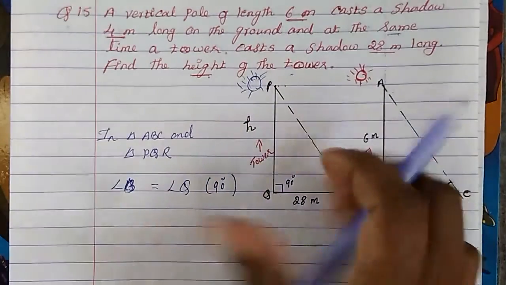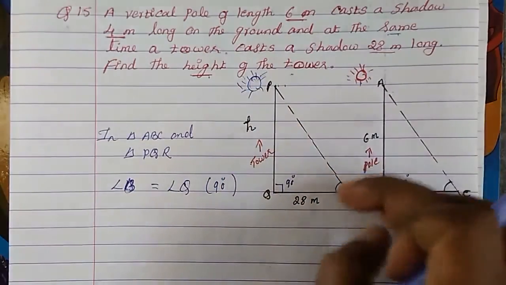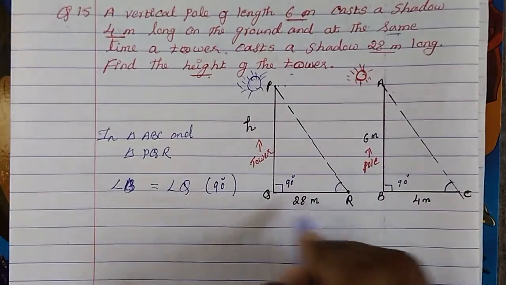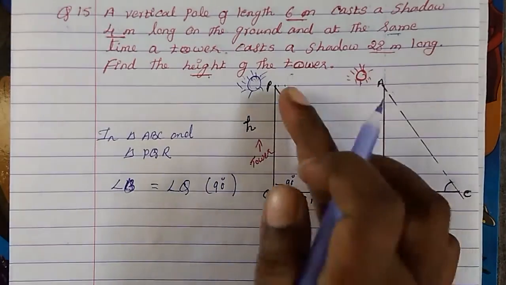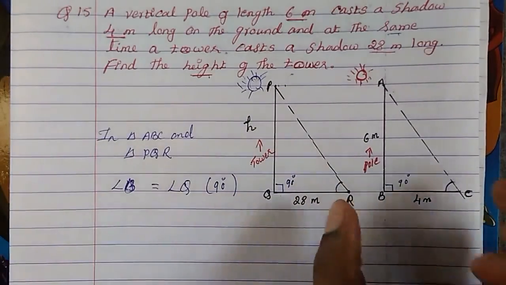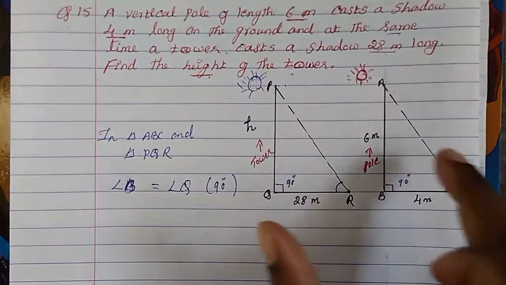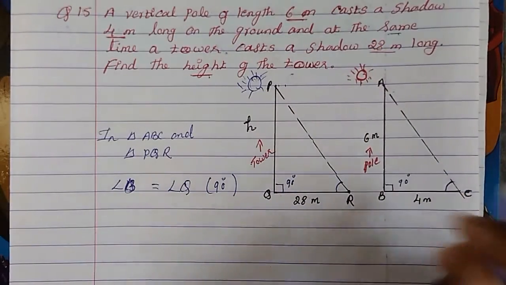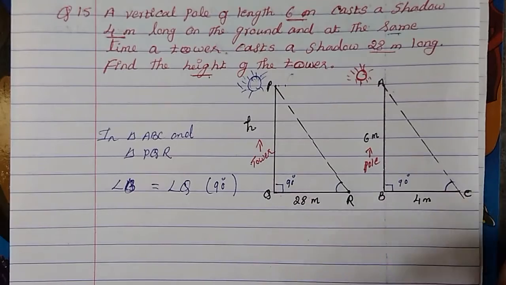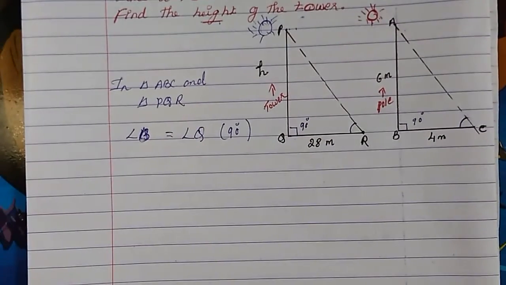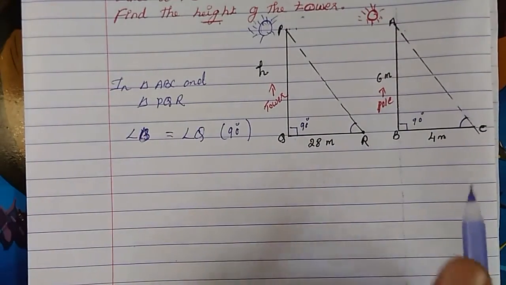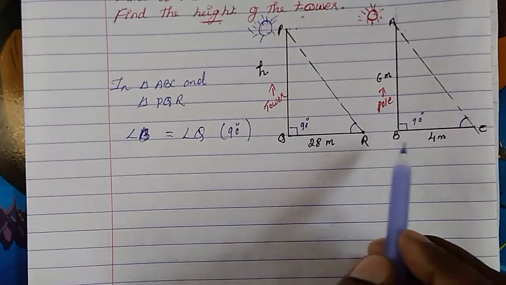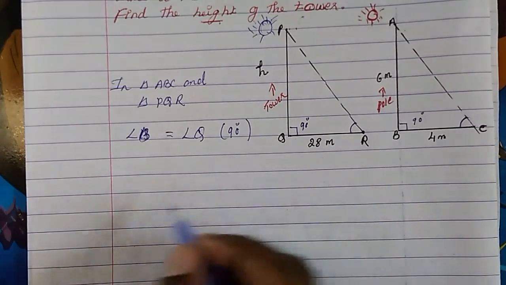In the same way for this also, same time the sun is here, the angle from the sun and the horizontal line is here, and the angle that is formed will be the same. So for this also, when the sun is in the same position, from the sun and the ground level, the angle formed will be the same. So this we call the angle of elevation of the sun.